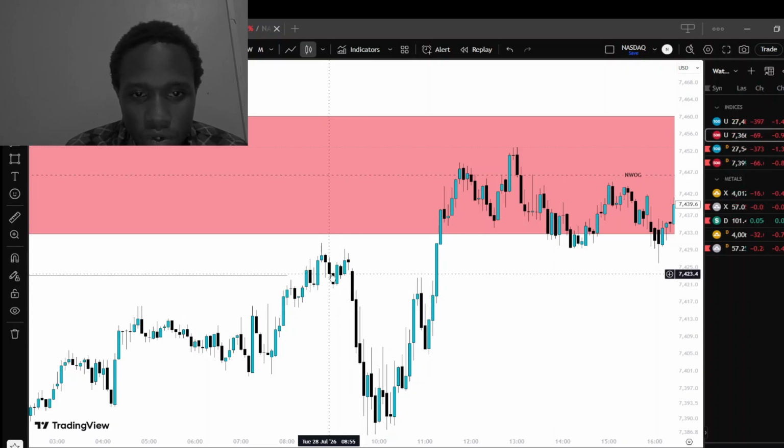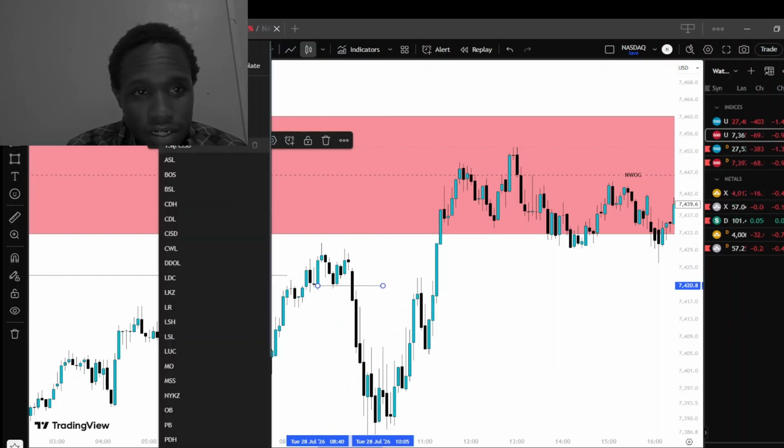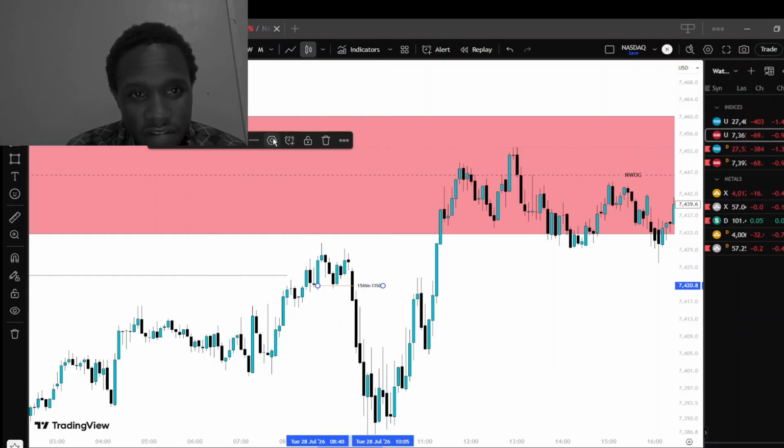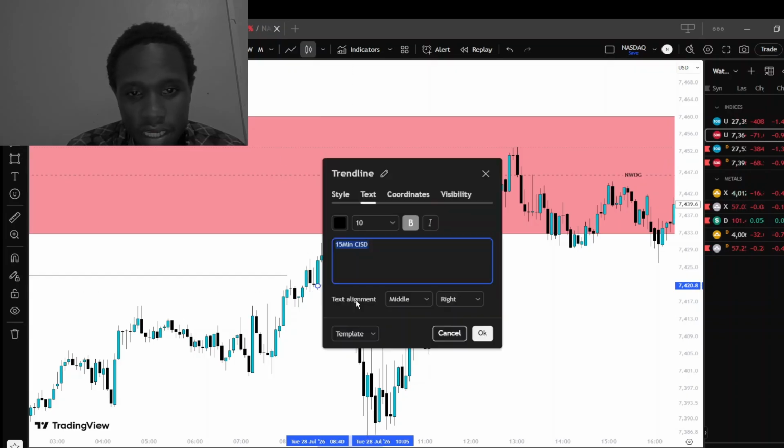You can see that we do not get a change in state at 9:05, and then we go over and up to 9:20. So at 9:25 we get a huge displacement to the downside. That is where we get that change in state of delivery to the downside. So this becomes a 5 minute change in state of delivery, which means that I should have taken that entry here.